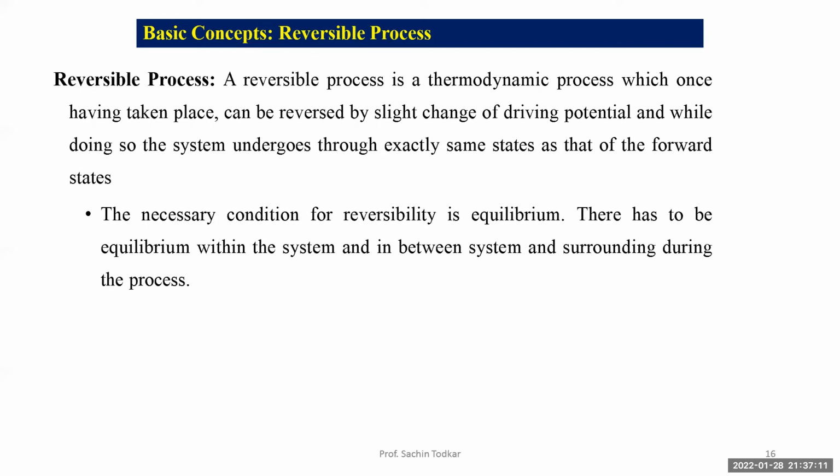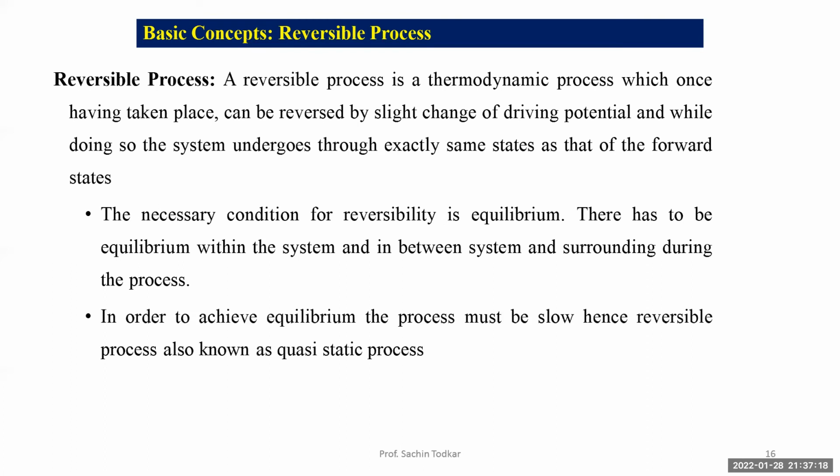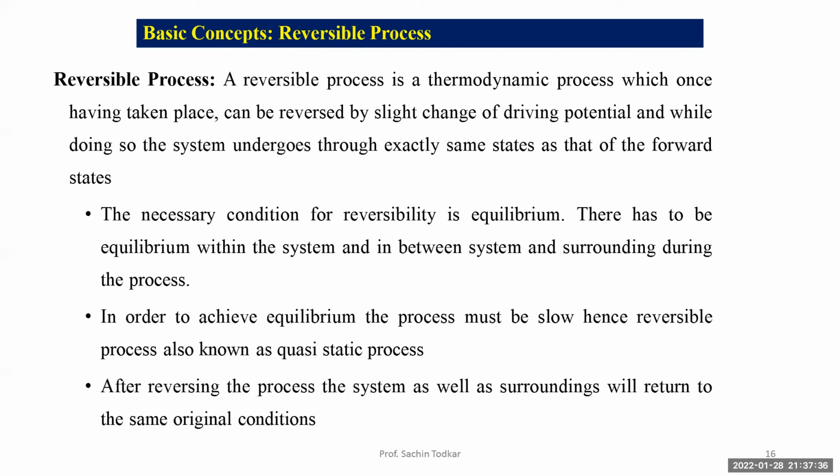So the total path should be in equilibrium. Then only reversibility happens. In order to achieve equilibrium, the process must be slow. Hence, a reversible process is also known as a quasi-static process. Quasi-static means that it is like a static process. After reversing the process, the system as well as surroundings will return to the same original conditions.